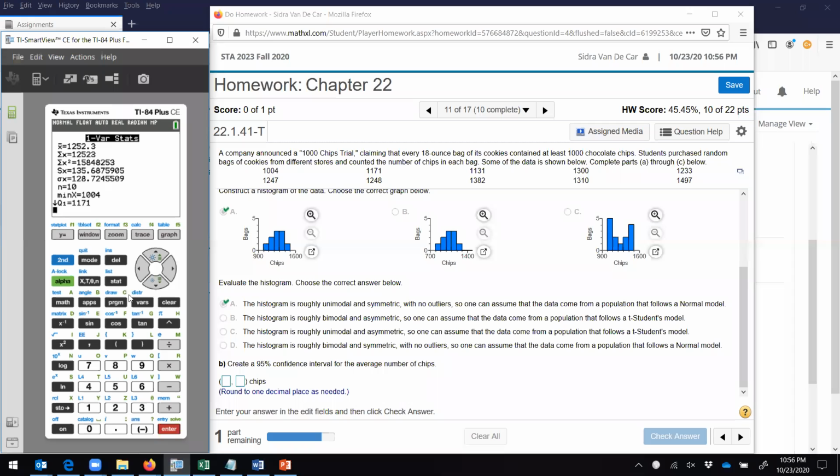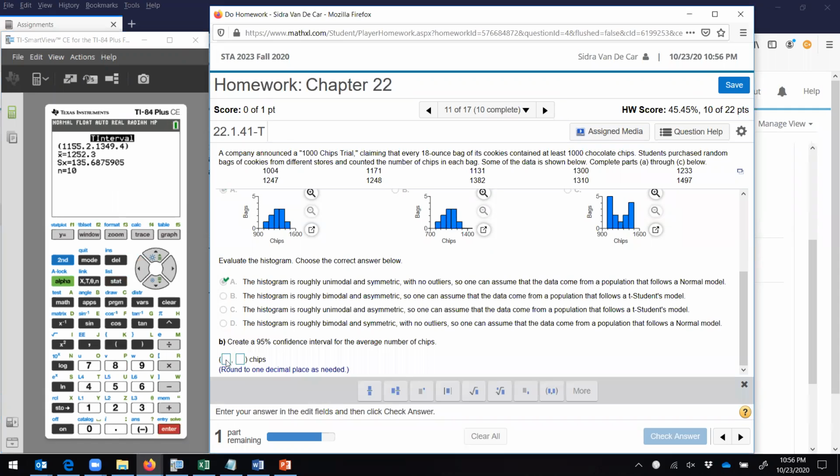Whoops. Try that again. Okay, 1155.2 to 1349.4.